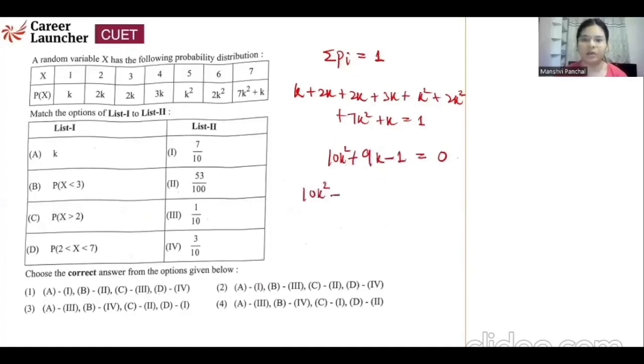Right? So now minus 10 and 9 we can get as minus 9 into minus 1. So 10k square minus k minus 9k and minus 1 you have. So this will become k, 10k minus 1. Then we will take out minus. So nothing is coming out.